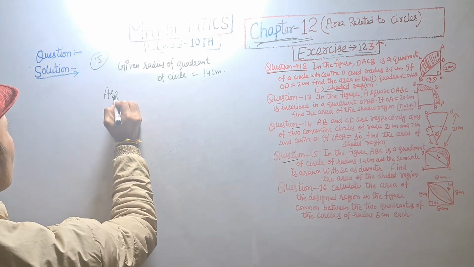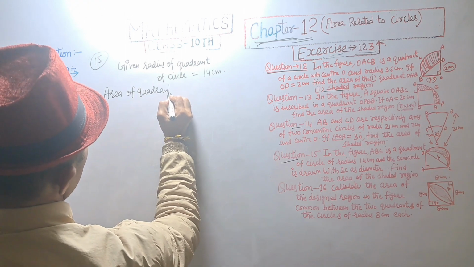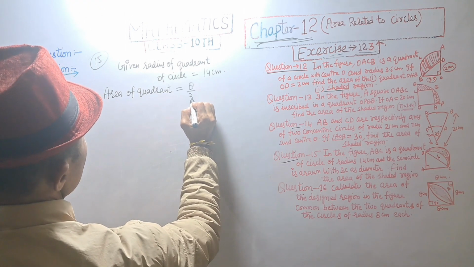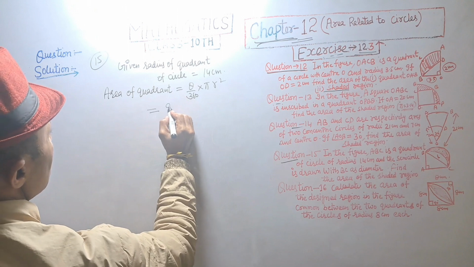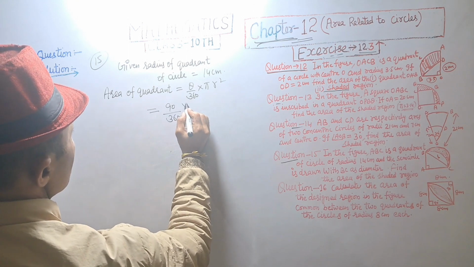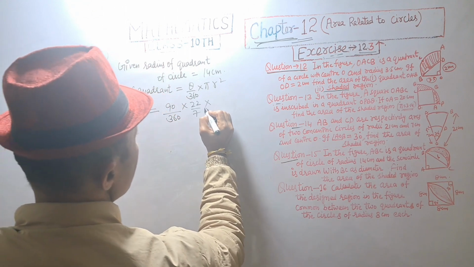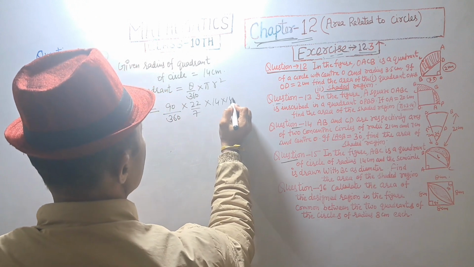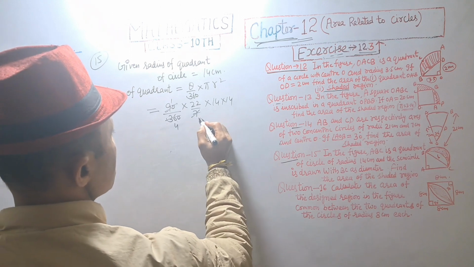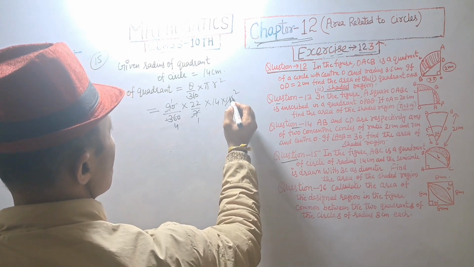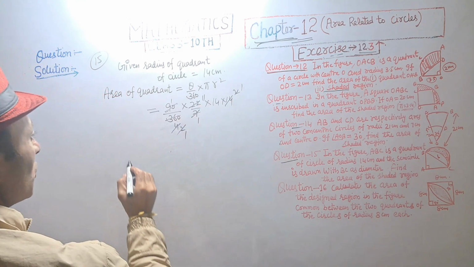Area of quadrant equal to theta upon 360 into pi r square, that is equal to angle 90 upon 360 and pi is 22 upon 7 into 14 into 14. 90 4s are 360, 7 1s are 7, 7 2s are 14, 2 1s are 2, 2 2s are 4, 2 1s are 2, 11 2s are 22.